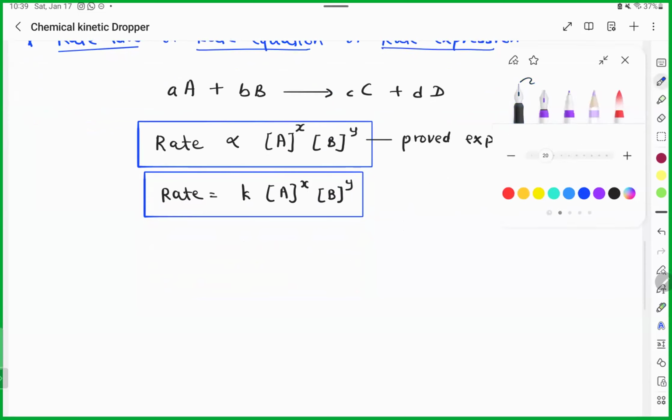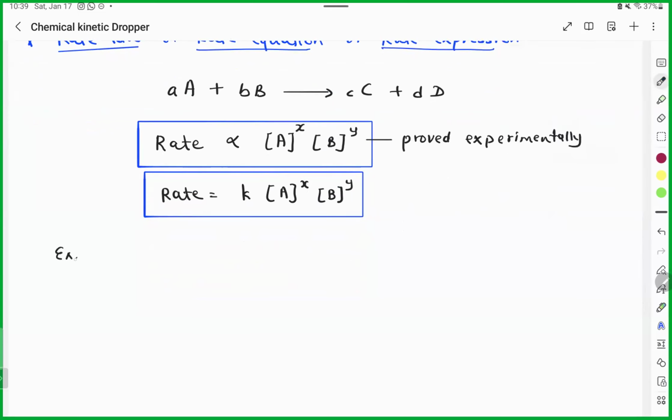Example, if you take this reaction, 2NO reacts with O2 and forms NO2. So what will happen in this situation? If you calculate rate law, then it will depend upon NO square. By the way, whatever is your coefficient, it will come into the power, same like equilibrium.